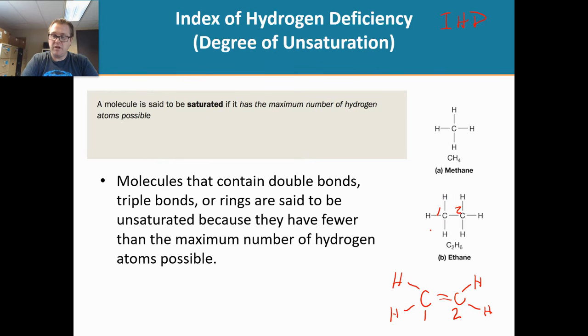And same with carbon 2. It has 2 hydrogens when it could have had 3. So this molecule right here is going to be termed unsaturated. So this one is saturated, and this one is unsaturated.